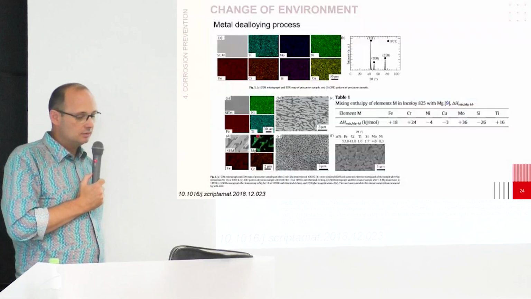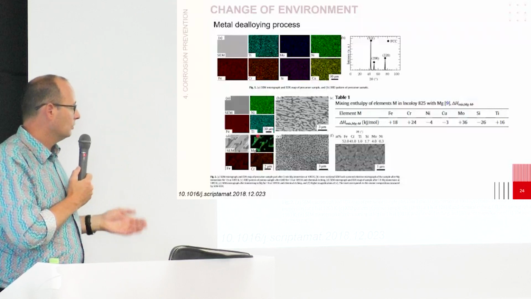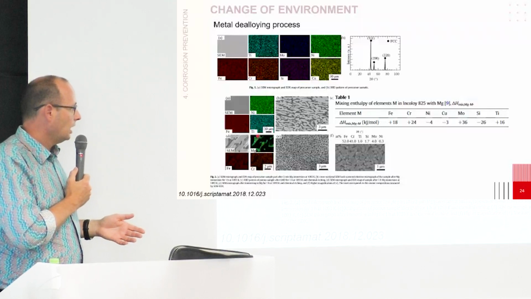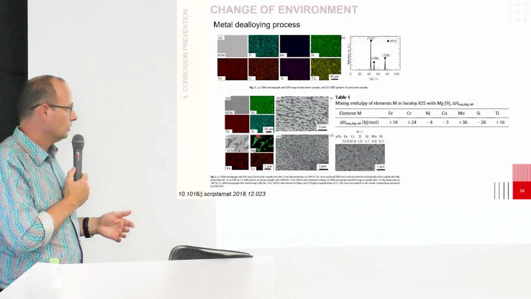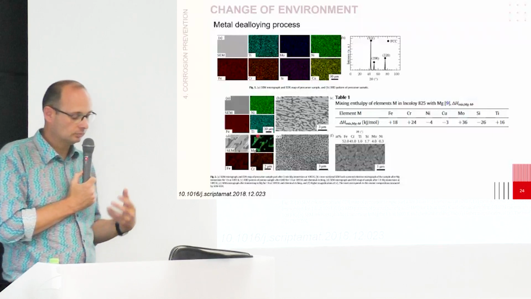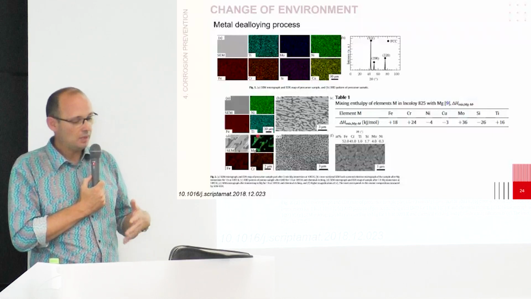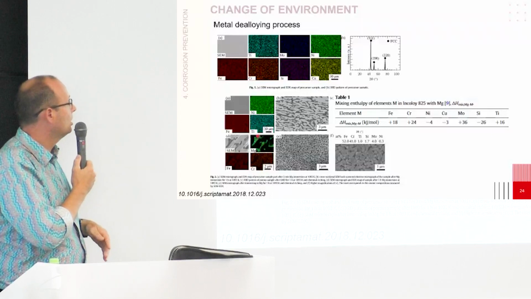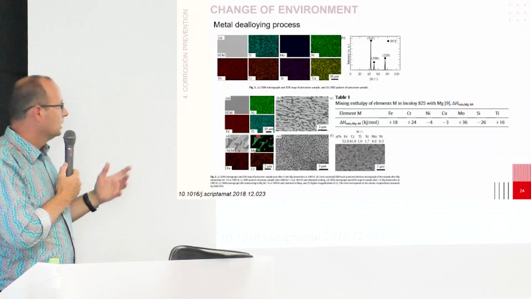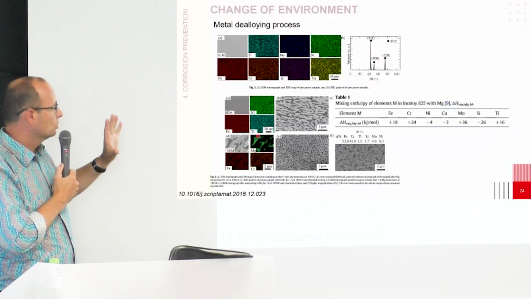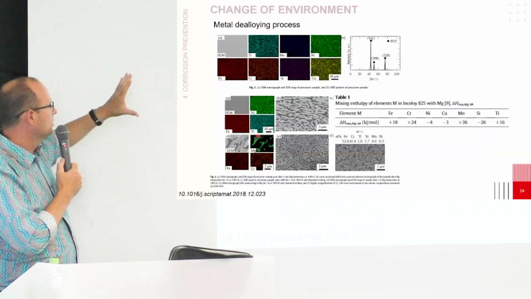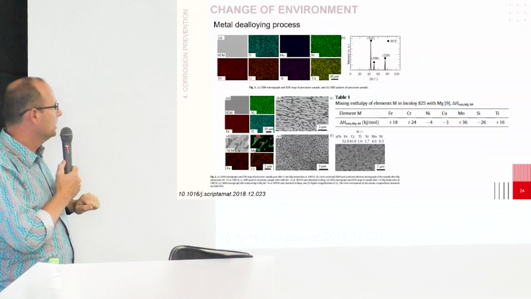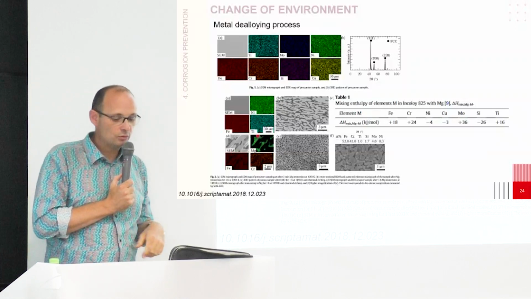But sometimes when I'm changing the environment, I can get good or bad results. So here, this is an example. I will go quite fast, but I hope it will be understandable. Here, the idea is to create a new material from a first one.